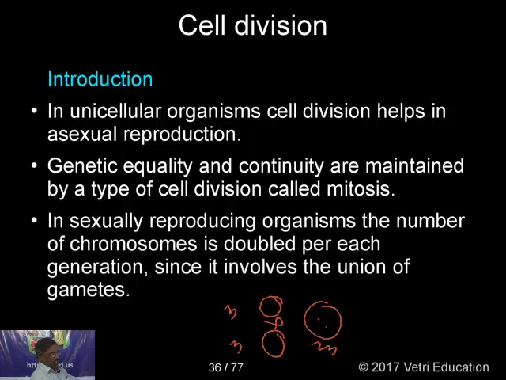Two gametes unite together, so the chromosome number doubles.